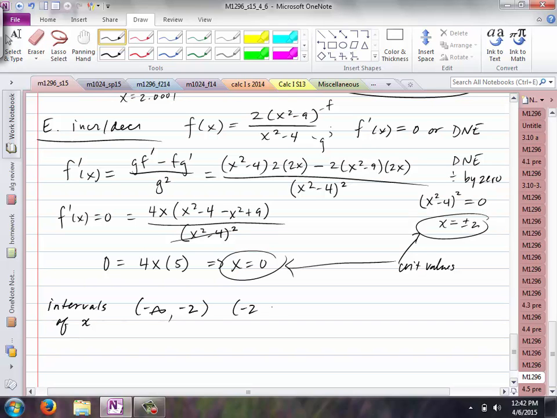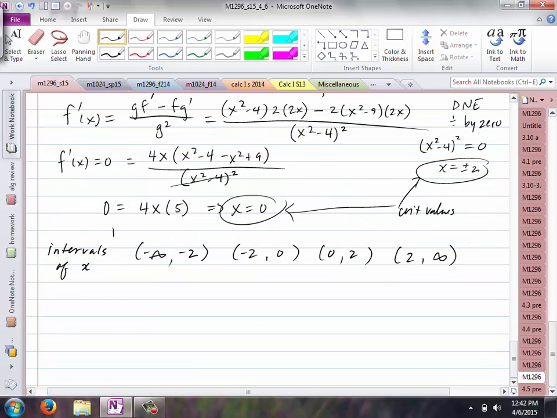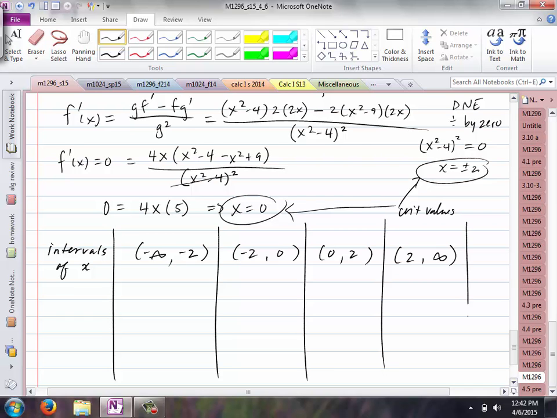Next one in line is 0, so I go negative 2 to 0, 0 to 2, and 2 to infinity. So those are intervals for which we need to test what the derivative is doing, and the character will be the same on that entire interval, so I can just pick one test x value for which to determine what the sign of the derivative is.